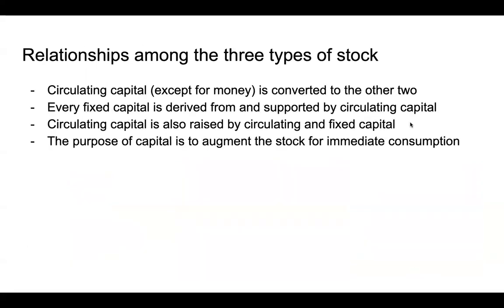Okay, what is the relationship between these three types of stocks? Yeah. So circulating capital, right? Except for money, is constantly being converted to either fixed capital or stock for immediate consumption, right?